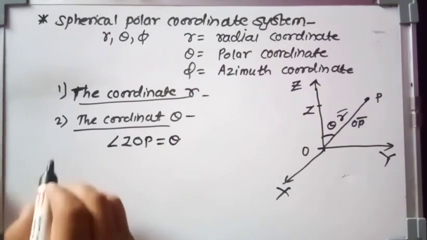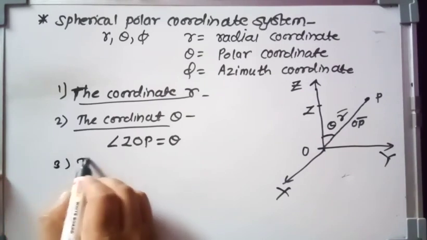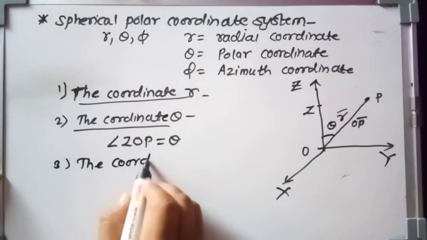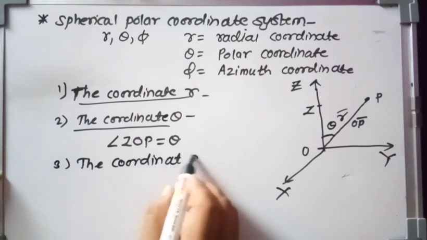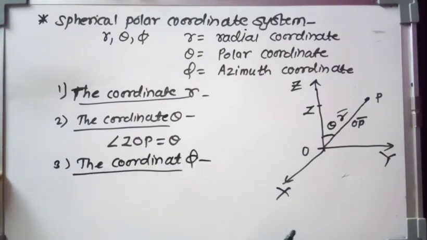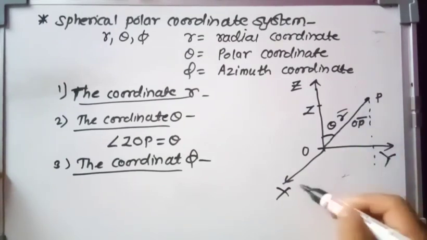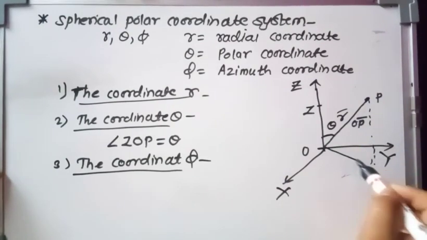Let us see the third coordinate, phi. The angle phi is the angle between x-axis and OQ. What is OQ? It is the projection of OP on xy plane. This is xy plane. The projection of OP on xy plane is OQ.